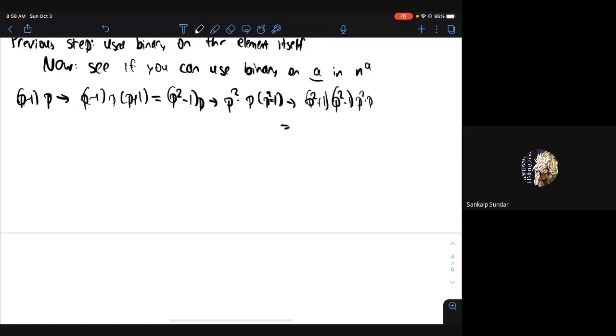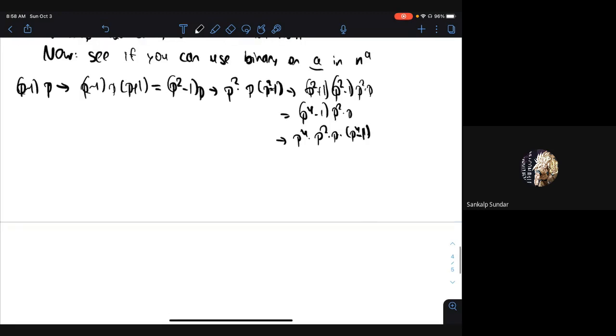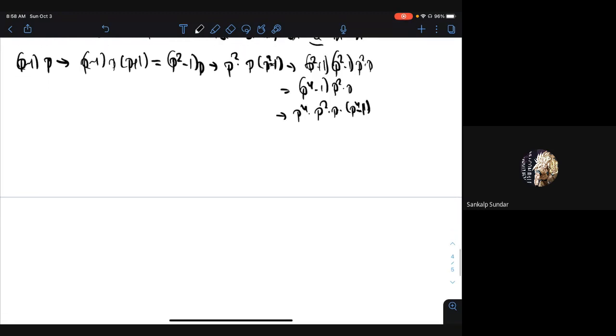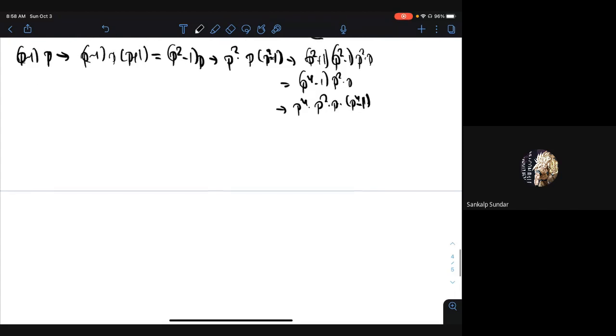So then this means that we have p to the 4th minus 1, p squared, p. And it turns out that we can just continue along like this. What we get is that in each step we can double the exponent, basically. Double the exponent of p.